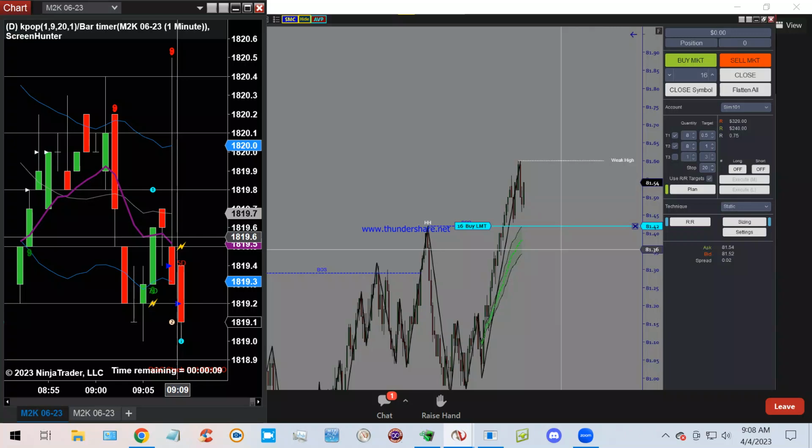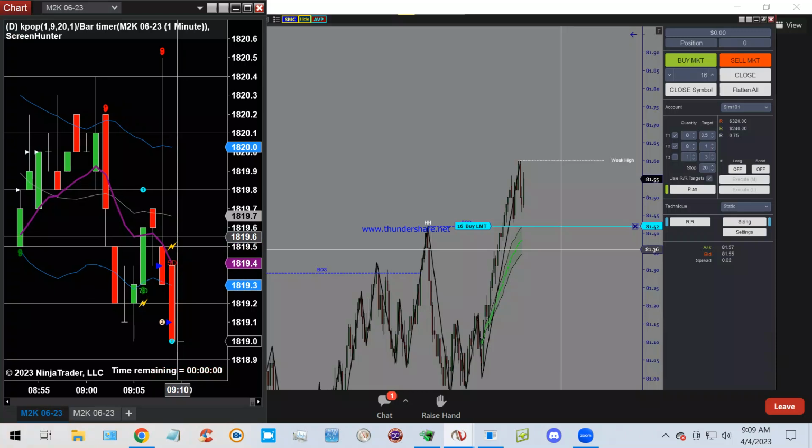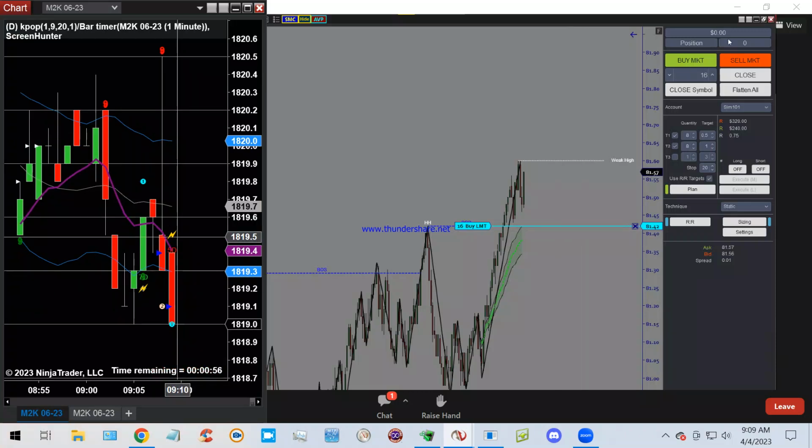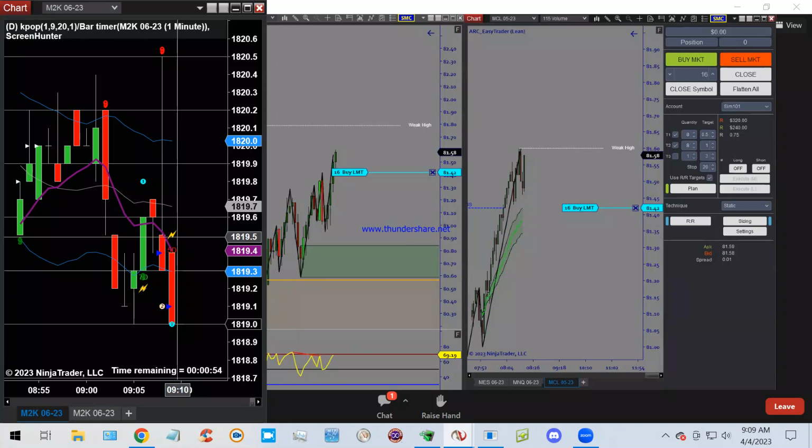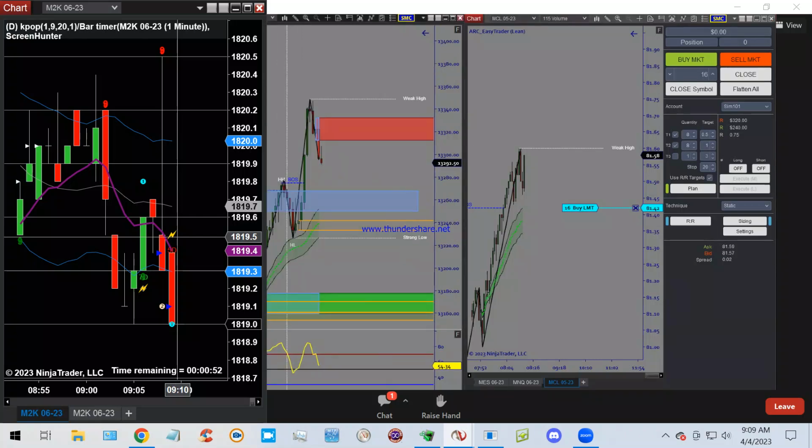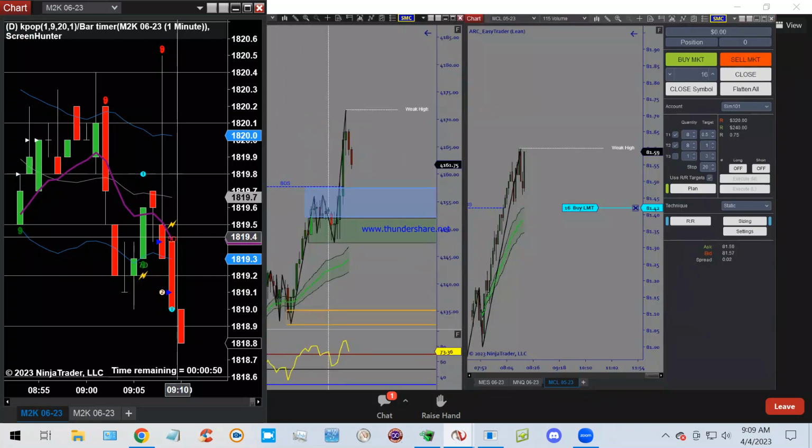Give us the fill. See what these equities are doing. Tick strike going on. Pulling back.